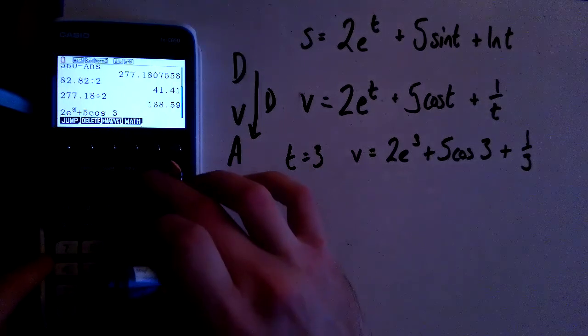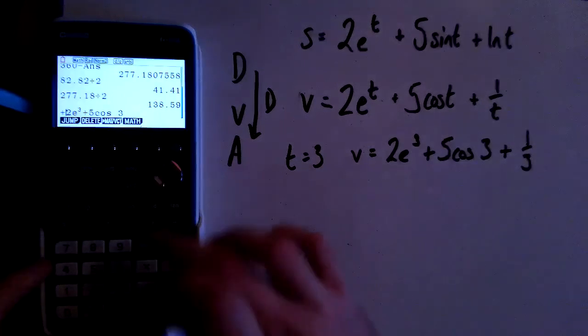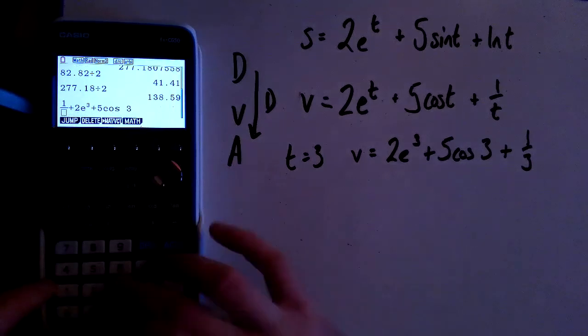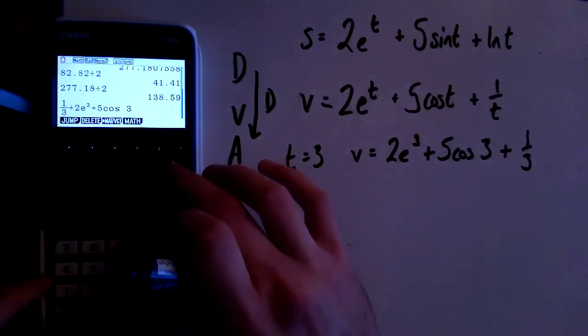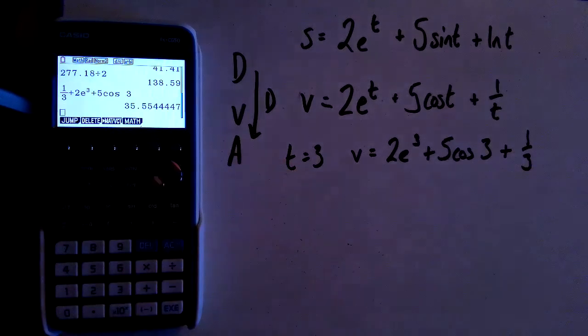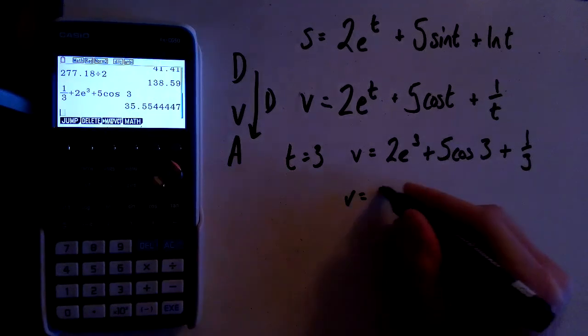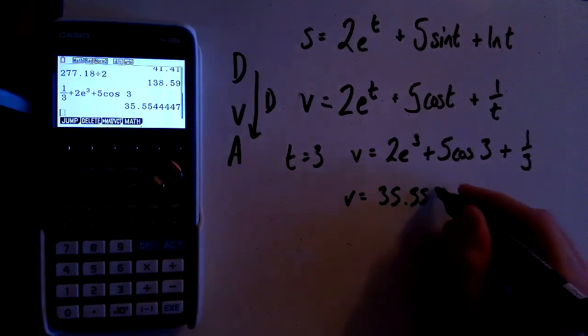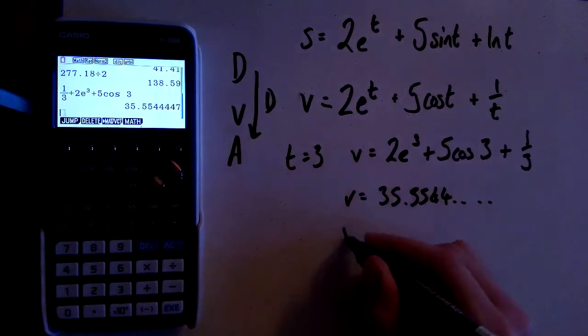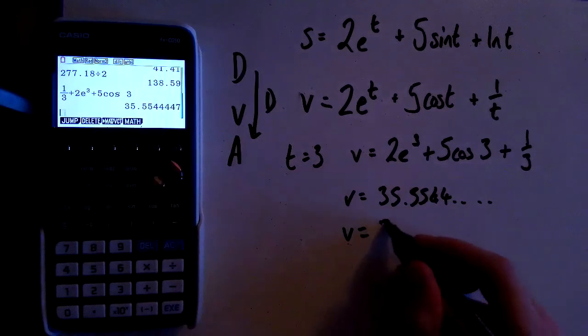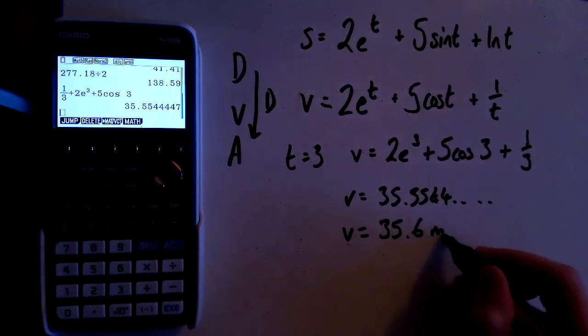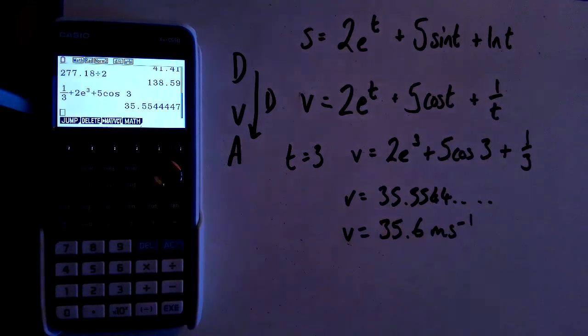I'm going to put the third first just in case my calculator thinks the plus third is inside the cos. And I get v is 35.55444. Now, since mechanics, we want 3 significant figures. So 35.6 meters per second. Good.